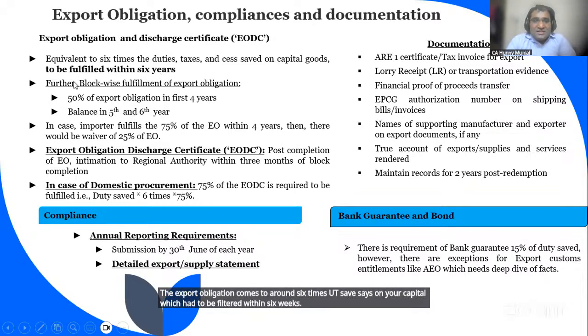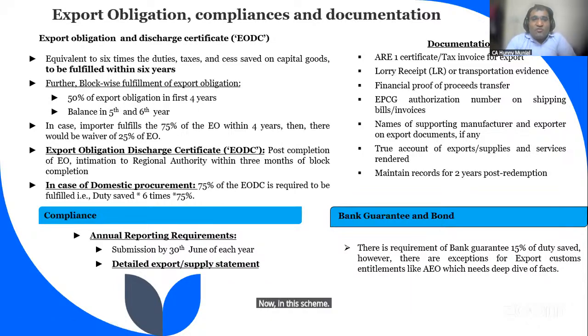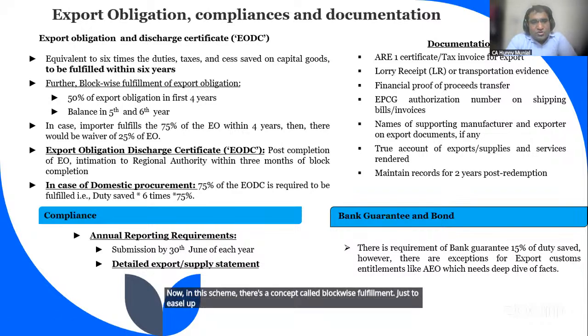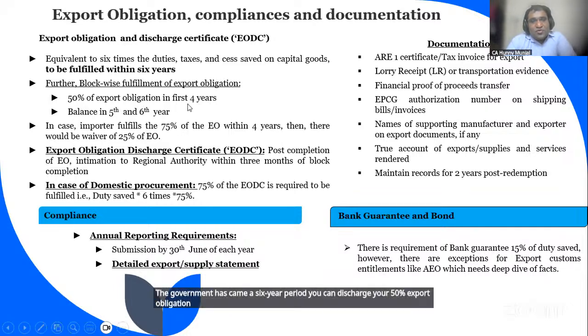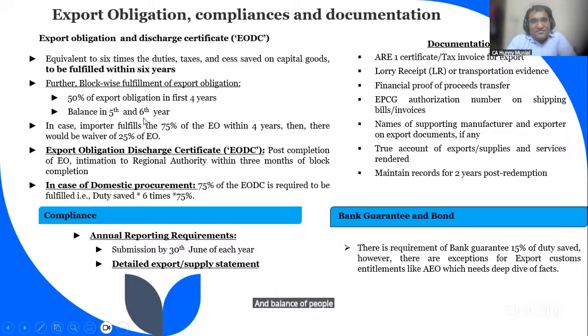Now, in this scheme, there is a concept called block-wise fulfillment. Just to make it easier for the exporter to export the goods, the government has given a 6 year period. You can discharge your 50% export obligation within the first 4 years, and the balance 50% you can discharge in the fifth and sixth year.